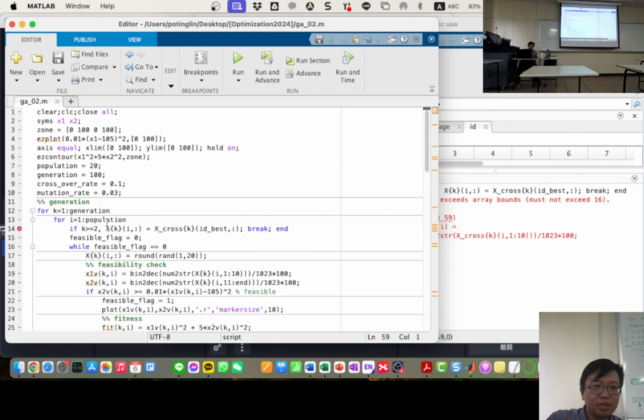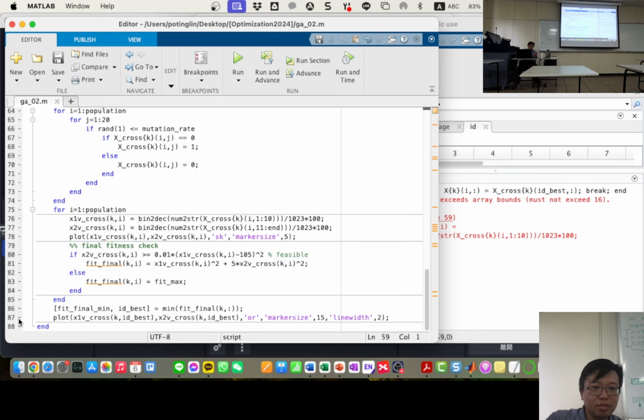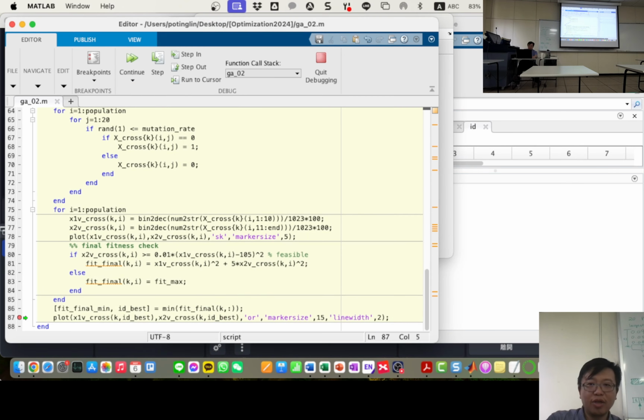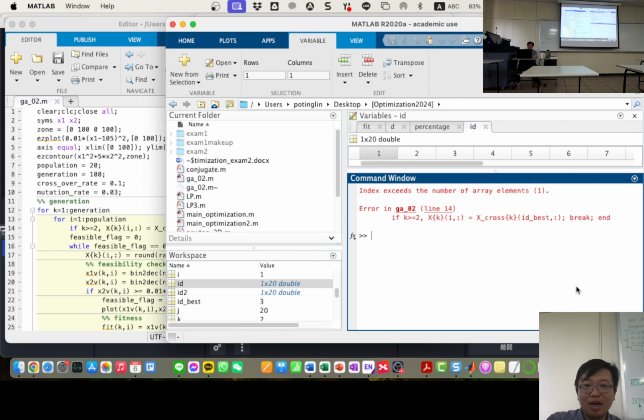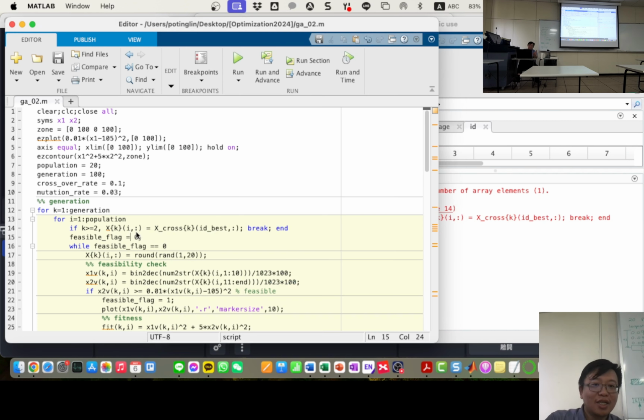Why is that? Try again. Okay. I don't know what happened. Okay. So in the next iteration, because now k equals to 2, here should be k minus 1. Run the code again.